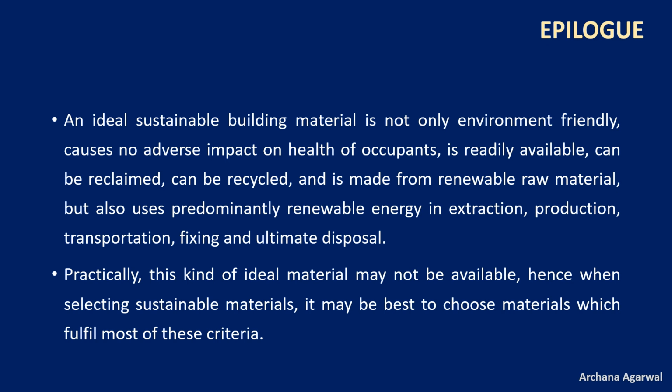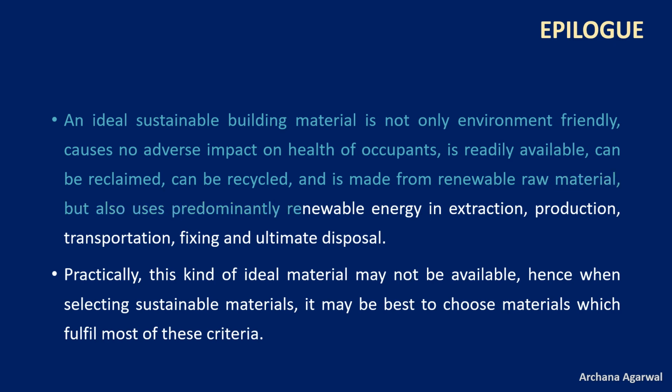As we have learned from this video, an ideal sustainable building material is not only environment friendly, causes no adverse impact on health of occupants, is readily available, can be reclaimed, can be recycled, and is made from renewable raw materials, but also uses predominantly renewable energy in extraction, production, transportation, fixing, and ultimate disposal.